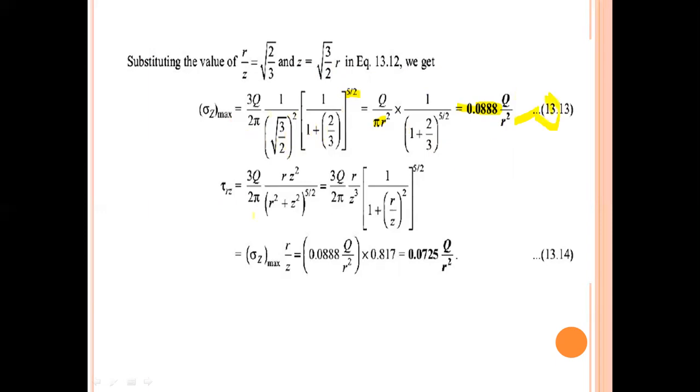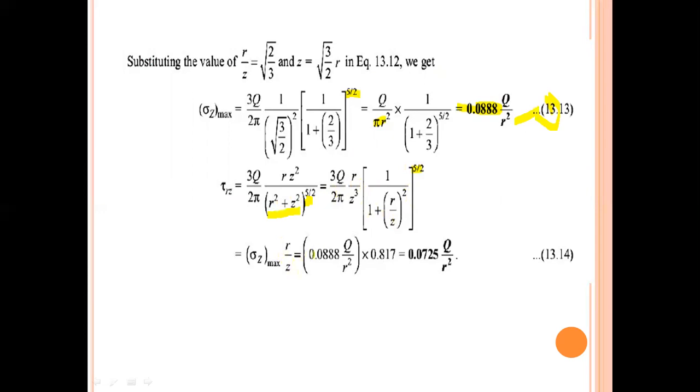Then tau rz equal to 3q by 2 pi into r z square by (r square plus z square) whole power 5 by 2, that equals 3q by 2 pi into (r by z) square cube, into 1 by (1 plus (r by z) square) whole power 5 by 2, that equals sigma z maximum into r by z.